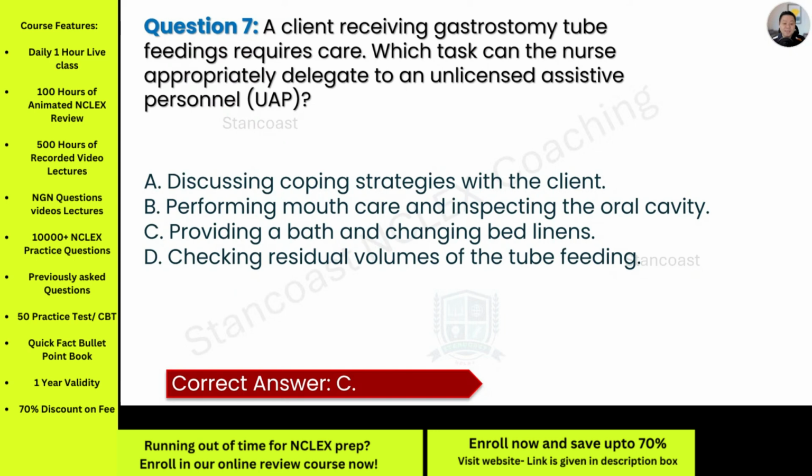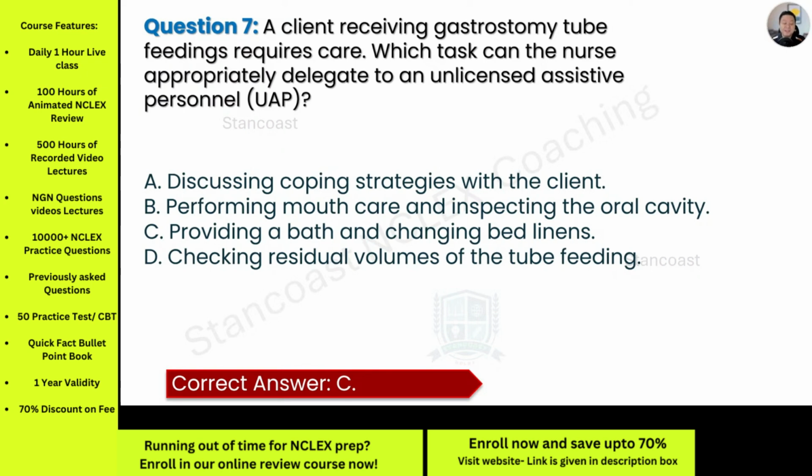The UAPs are qualified to perform routine tasks like bathing and linen changes, but these do not involve assessment or any kind of clinical judgment. So, no other answer than letter C. So, if you selected letter A, UAPs are not trained to provide therapeutic communication or counseling to clients.